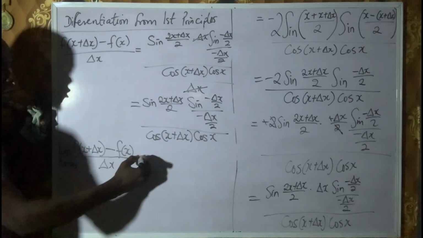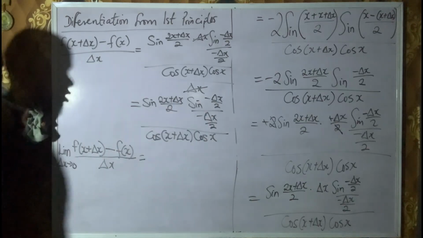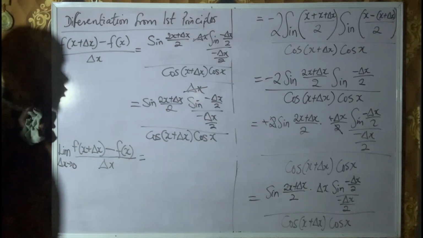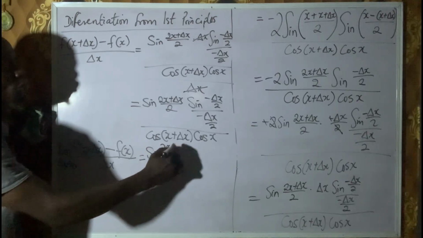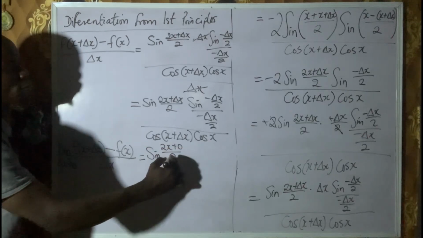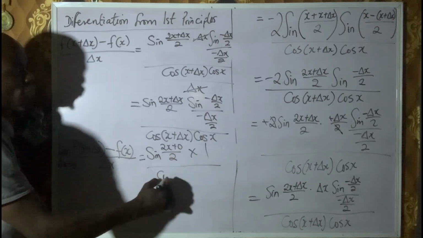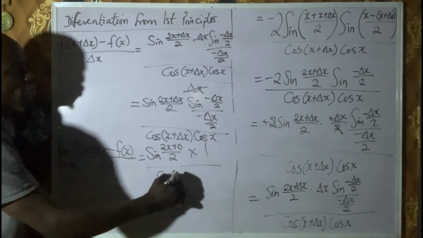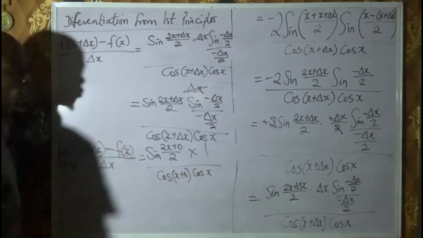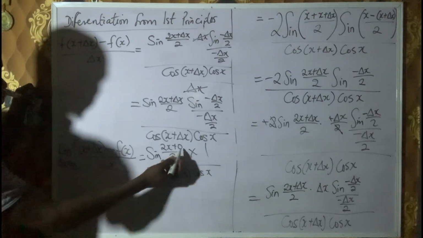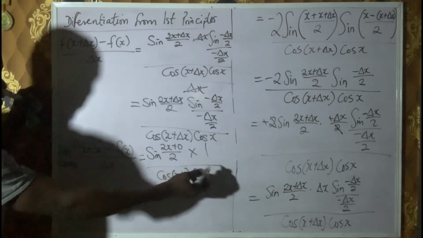So all of this is equal to everything we have here, but delta x becomes 0 and the special limit becomes 1. So we have sine of (2x plus 0) over 2, times 1, over cos of x plus 0 times cos x. So 2x plus 0 is 2x, divided by 2 is x, times 1, sine x.